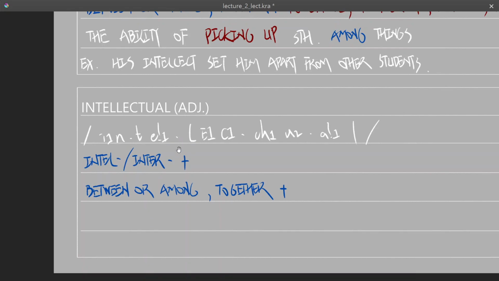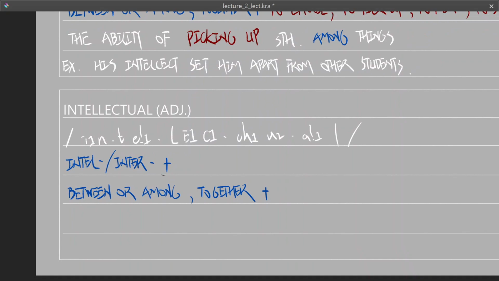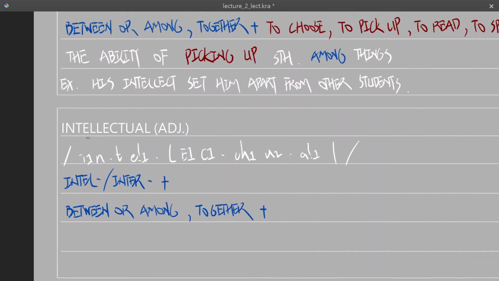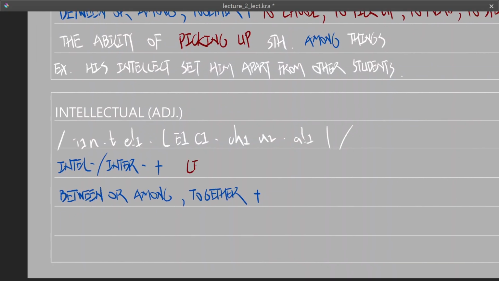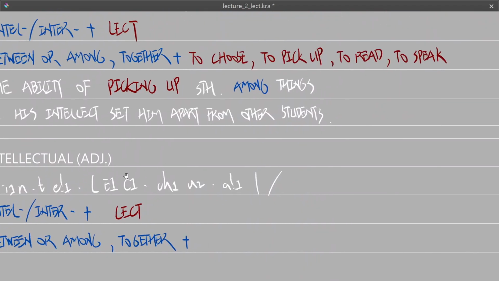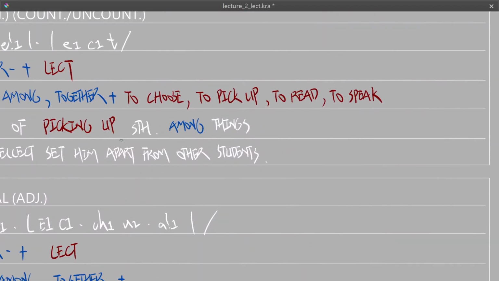And we also have the root LECT, meaning to choose, to pick out, to read or speak.